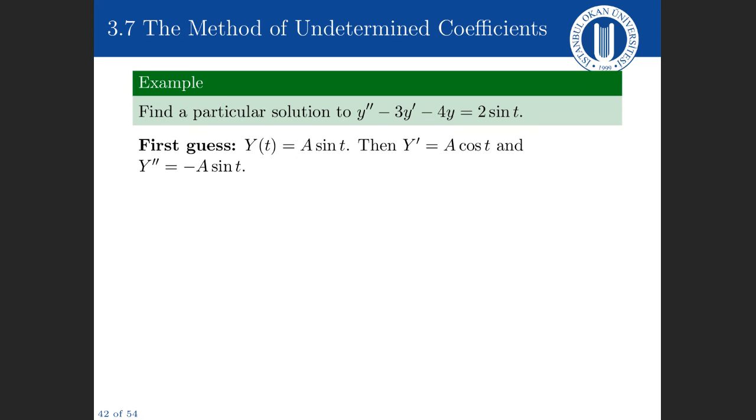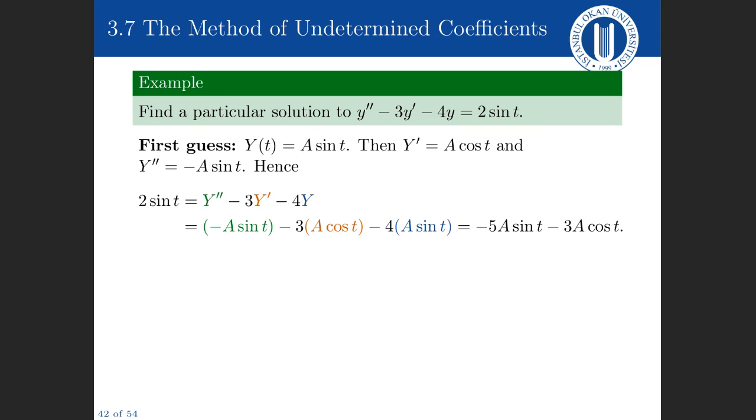We differentiate 2 times and we substitute into the differential equation. And we find that 2 sine t must be the same as minus 5A sine t minus 3A cos t. On the left side, we have 2 sine t, and effectively that's also plus 0 cos t.